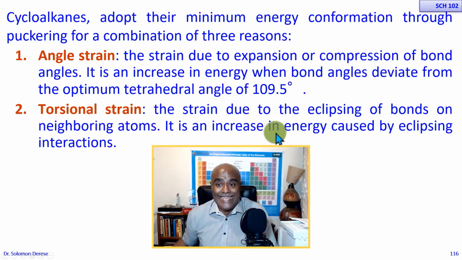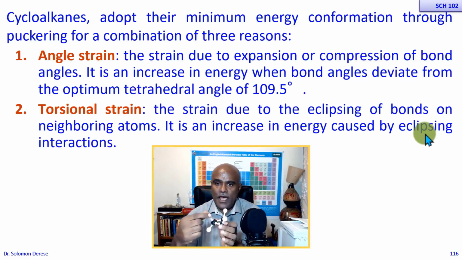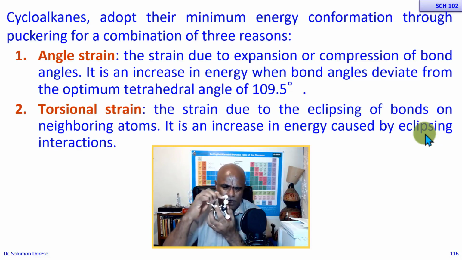It is an increase in energy caused by eclipsing interactions. For example, if you look at this cyclopropane, this hydrogen and this hydrogen, they are eclipsing each other. If you look at this one, they're also eclipsing each other.